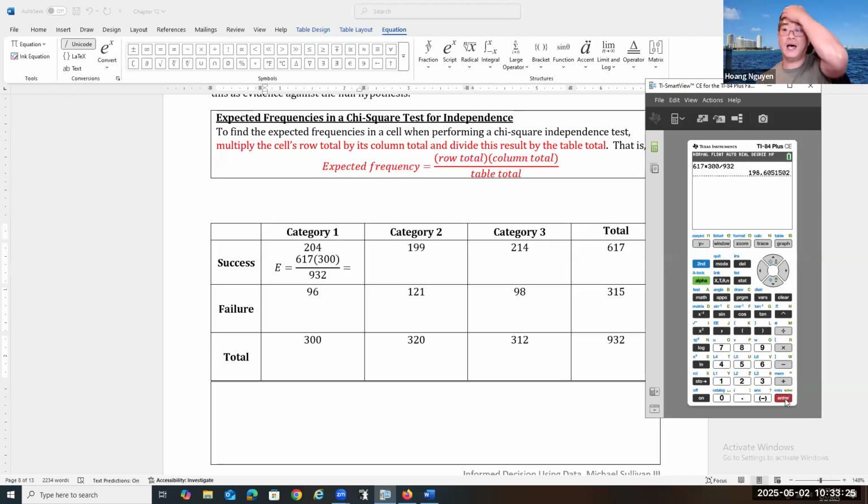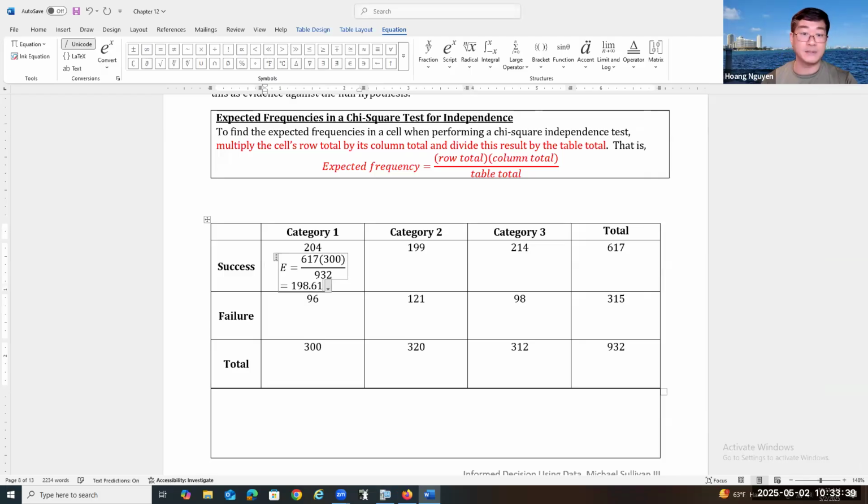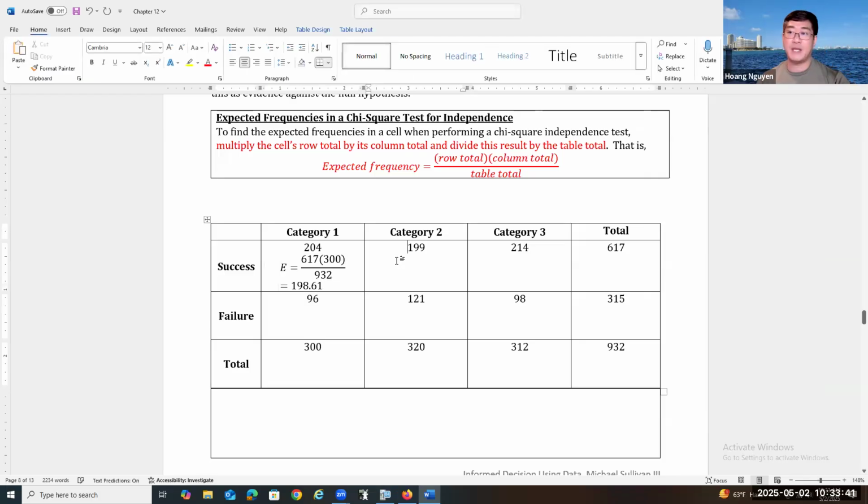Then we're going to get the expected. I'm going to give you 2 decimal places because I don't have enough room over here, so 198.61. That's going to be the expected frequency for the first cell.